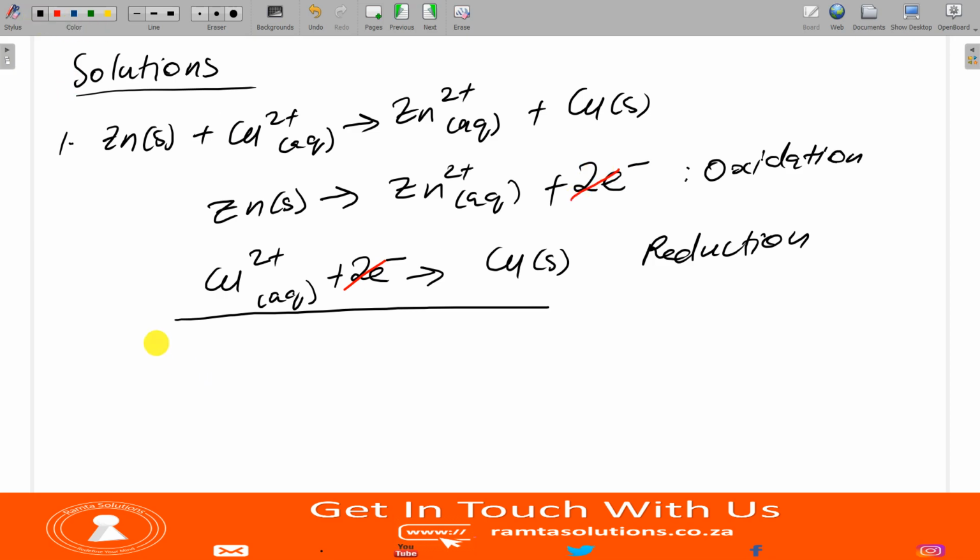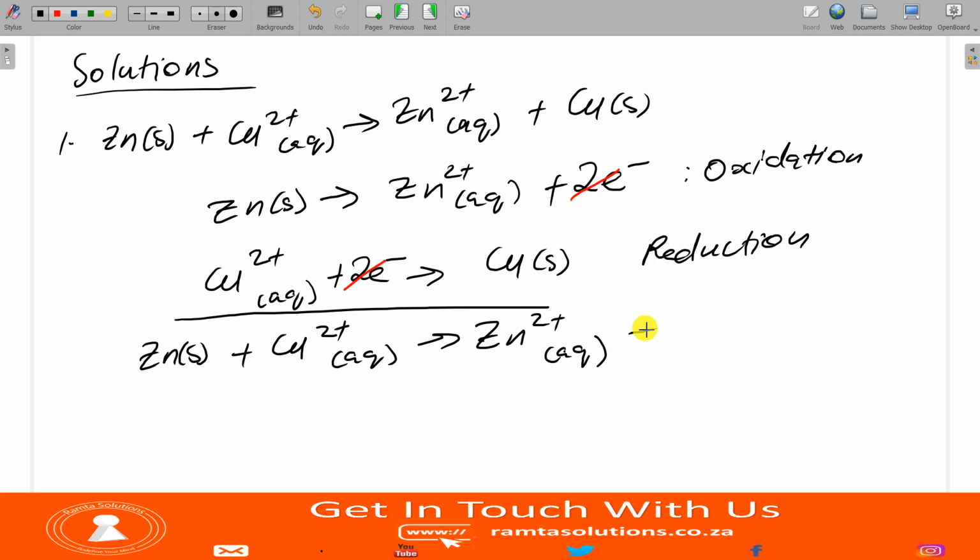You are left with zinc solid plus copper 2 plus aqueous, giving you zinc 2 plus and copper solid.